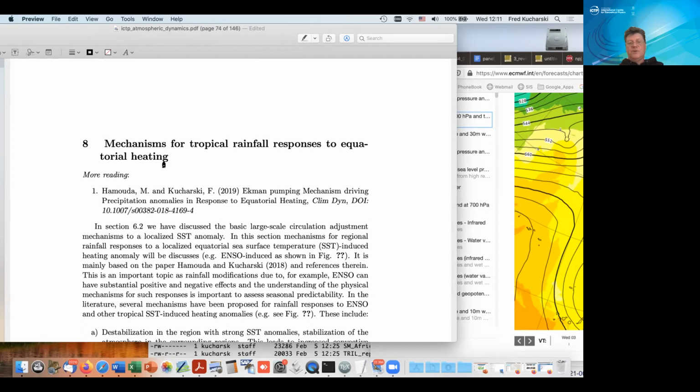So we will see that there are several processes that can be relevant for this remote rainfall adjustment. But Ekman pumping will play a very important role.